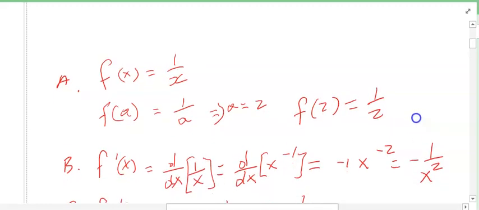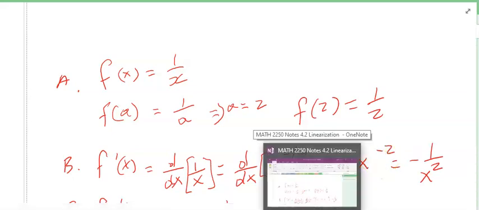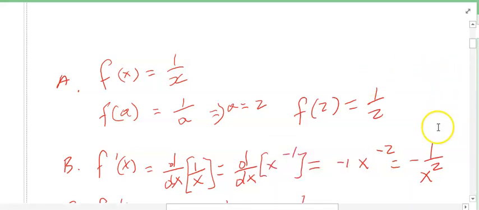Part B, f prime of x is the derivative, so we want to find d dx of 1 over x, which we can rewrite as d dx of x to the negative 1, and by the power rule, that will be negative 1 x to the negative 2. If we rewrite it back as a fraction, it will be negative 1 over x squared.